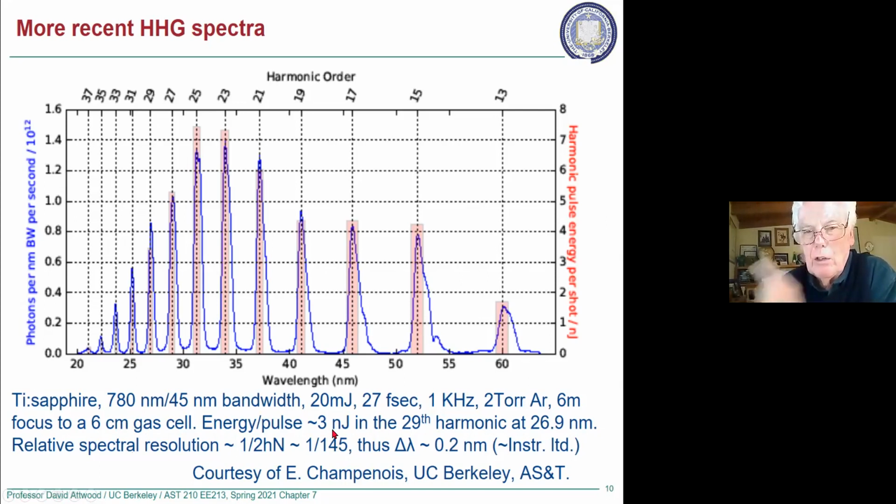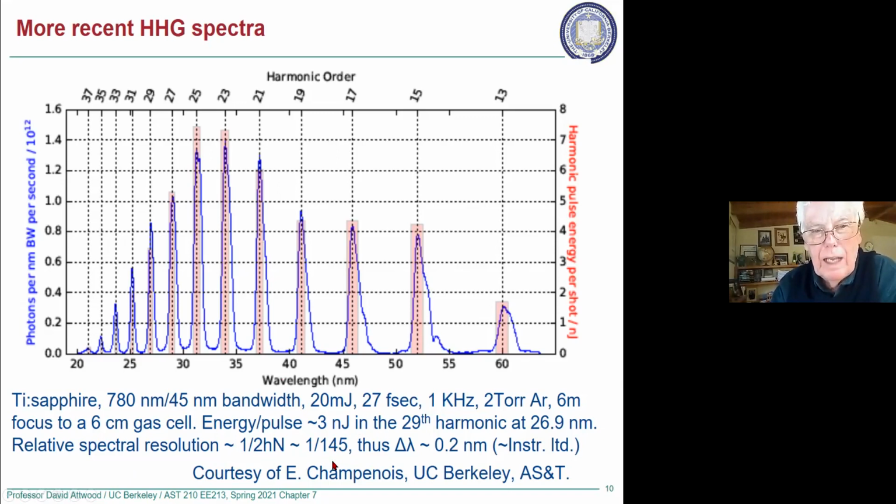If you're going to use 1 pulse out of the train, you started with 20 millijoules and spread it into a lot of harmonics, so you're going to get a few nanojoules per harmonic. And the relative spectral bandwidth here is approximately 1 over 145, 150, let's say.